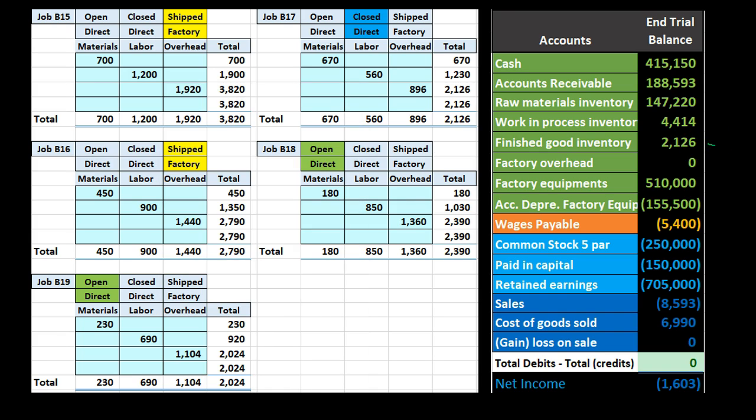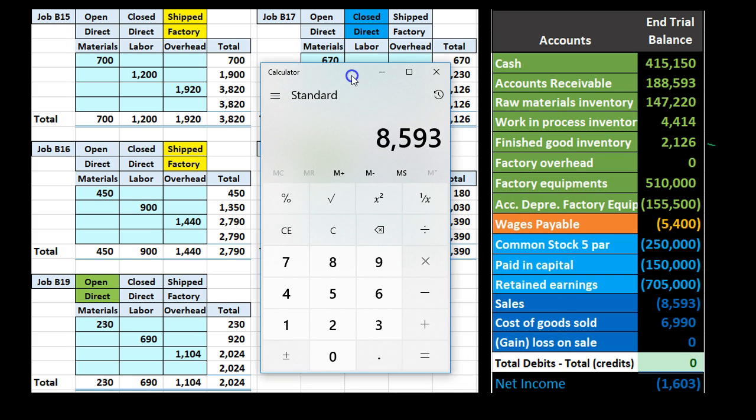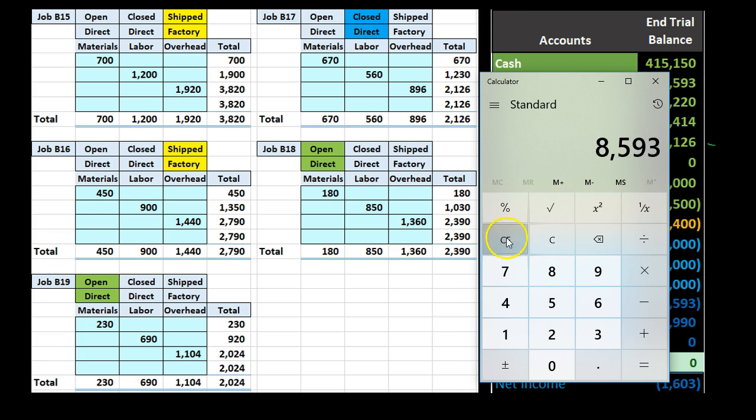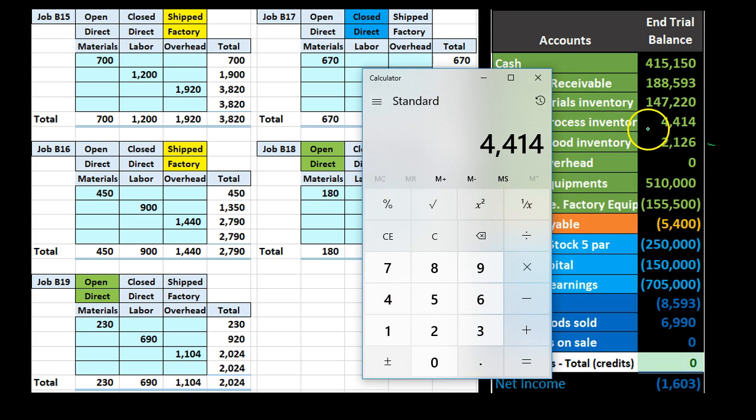Then we have the amount that is open. That's going to be these two green ones. So it's going to be this 2,390 plus the 2,024. That's going to be the 4,414. That being found here.